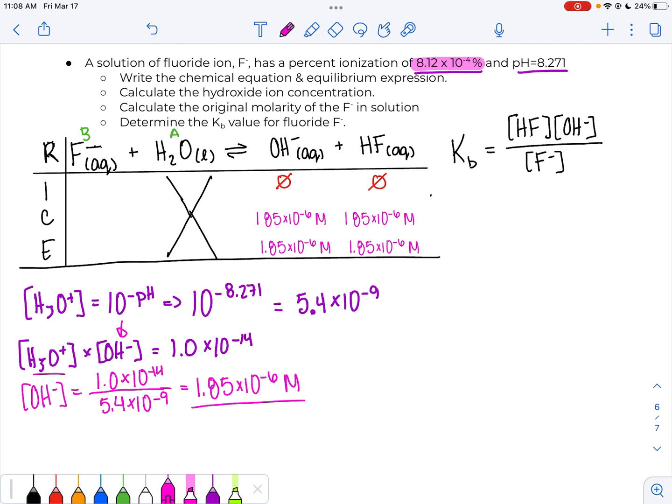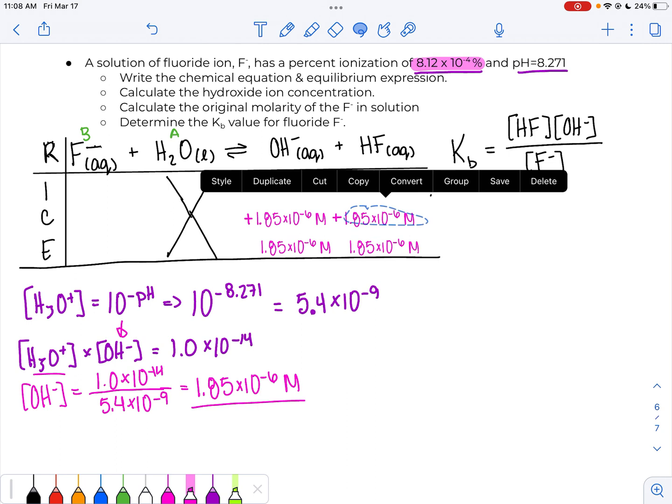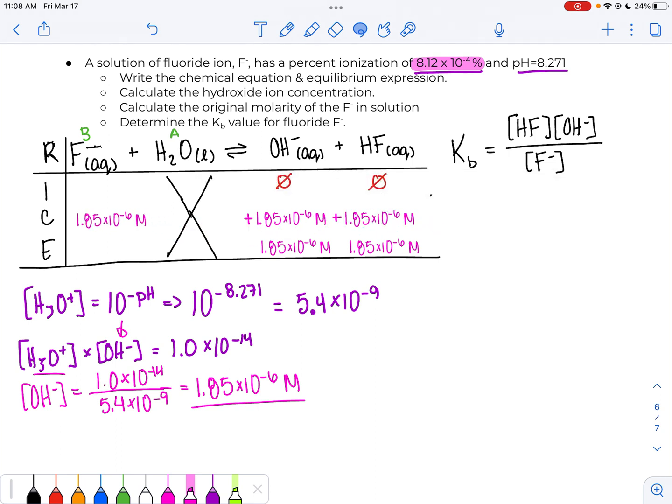So this is my change in concentration. I added this much to each of these, which means I'm also going to change by this much when I subtract out my F minus, my fluoride ion. So this is my change value. I'm adding for my products, and I am subtracting for my reactants.